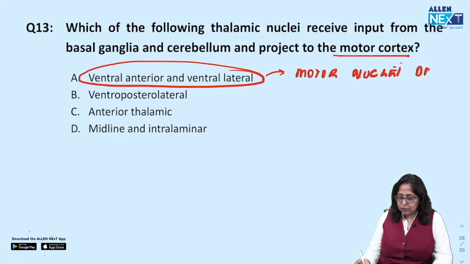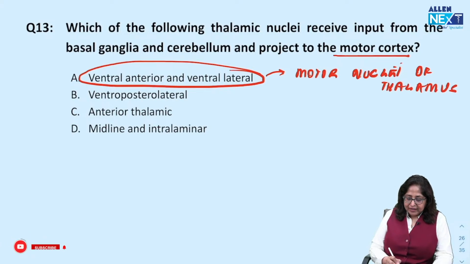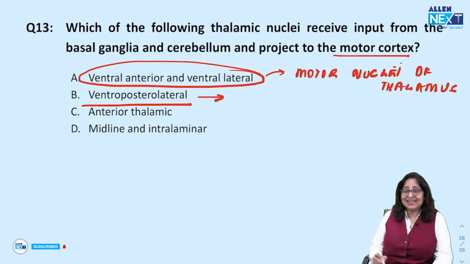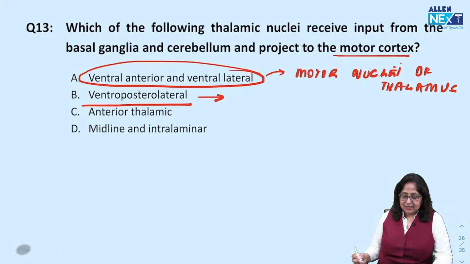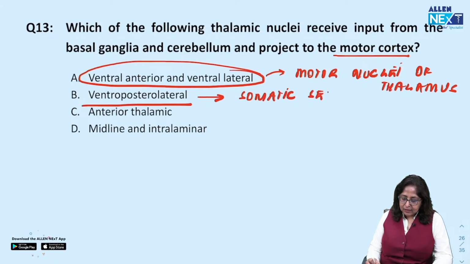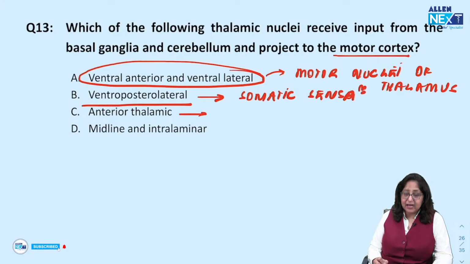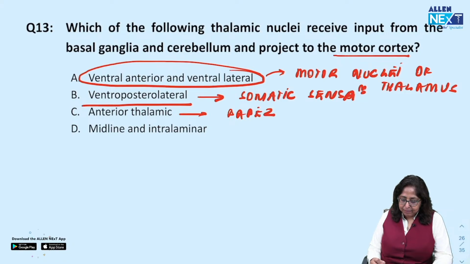These are the motor nuclei of the thalamus. Ventroposterolateral, this is sensory. It is meant for somatic sensations. Anterior thalamic nucleus is involved in memory. It is a part of the Papez circuit, which is involved in memory.